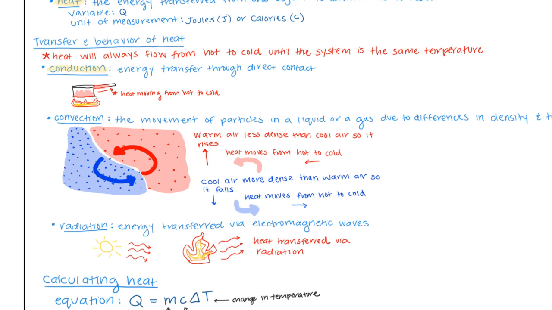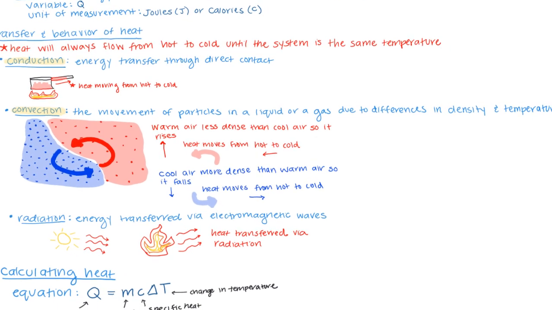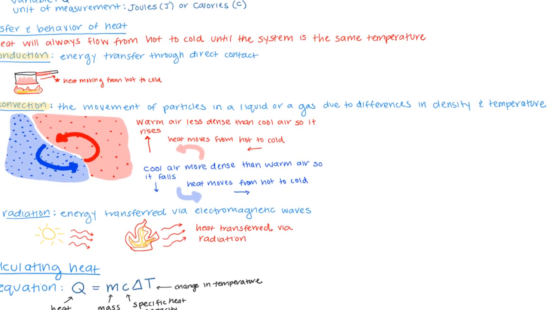Now, convection is another unique way of transferring heat. So in convection, what's happening is that the particles in a liquid or a gas, and I do want to be specific that it is happening in liquids or gases, are moving and creating this convection current, which I've depicted in a circular motion here, due to differences in density and temperature of those particles.